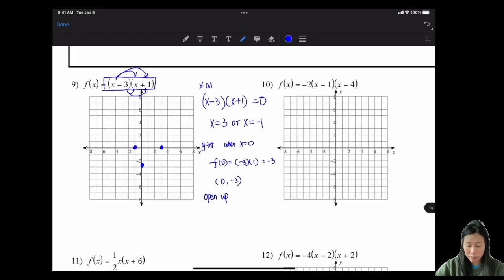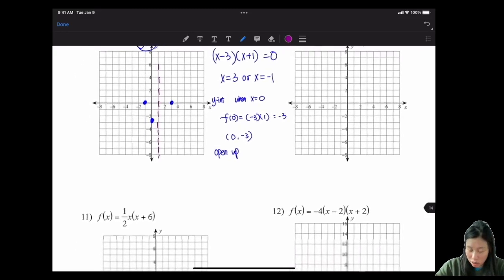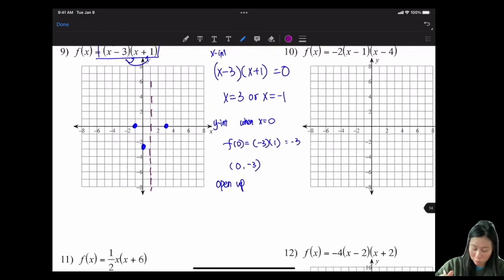The parabola is symmetric over the vertex line, right? So that means, look, if you have x-intercepts at -1 and 3, the vertex has to be in between, which is in here, right? That means x is going to equal 1.